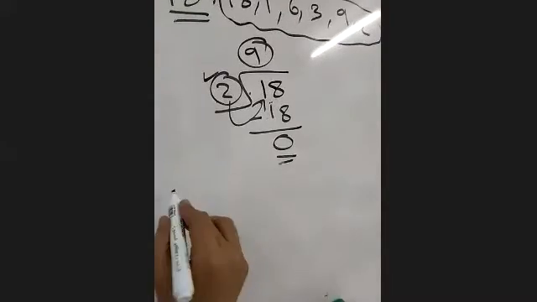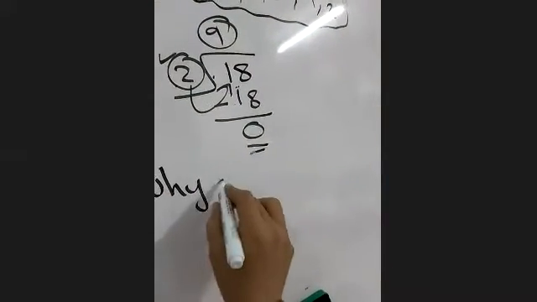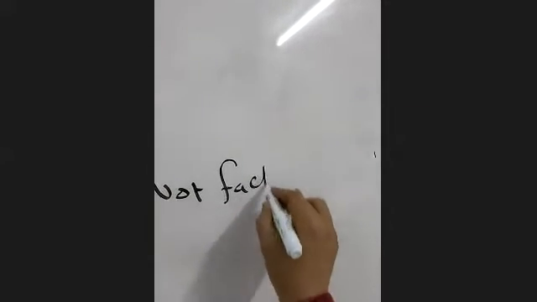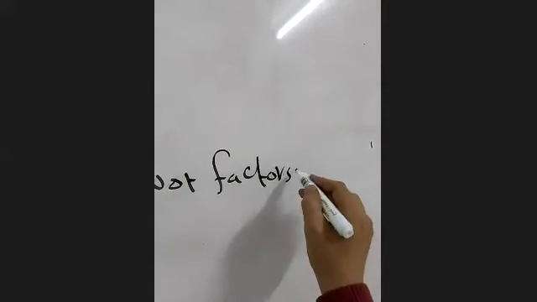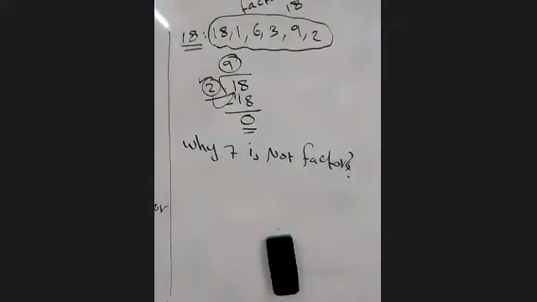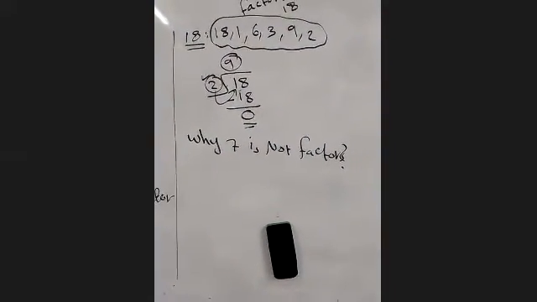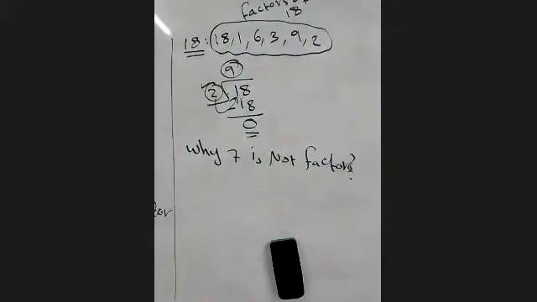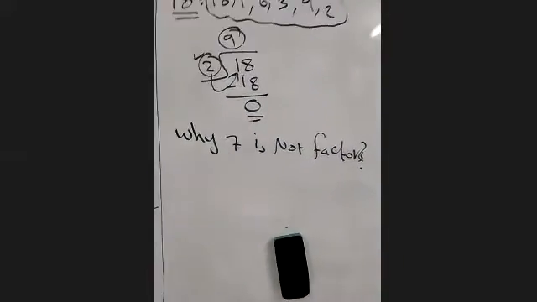Why is 7 not a factor for 18? Because in the timetable, 7 multiplied by what equals 18? There is nothing. There is no number. If you multiply it with 7, you get 18. I'm talking here about integers, not decimals.